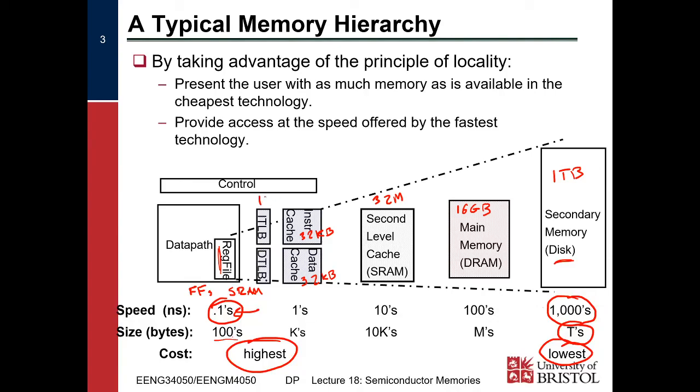The TLBs will be more along the lines of 1 kilobyte. So these are just for dealing with memory virtualization. And then your register file will be maybe 32 registers multiplied by 32 bits or 4 bytes.